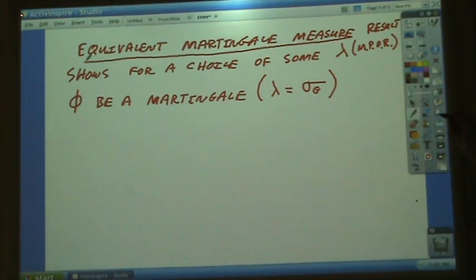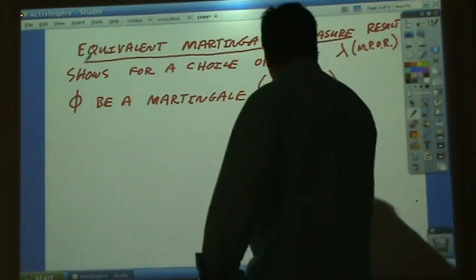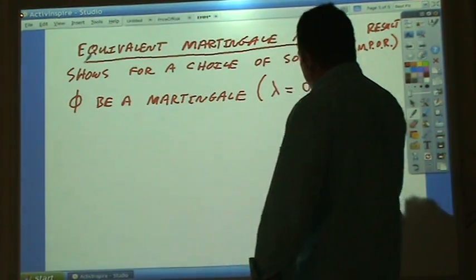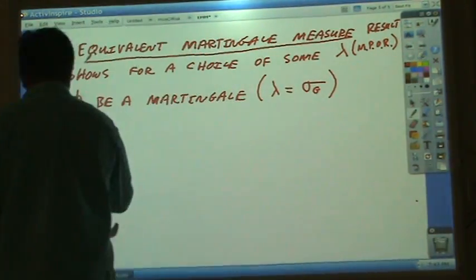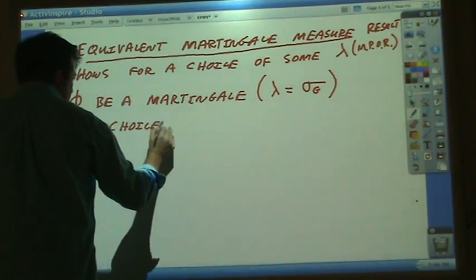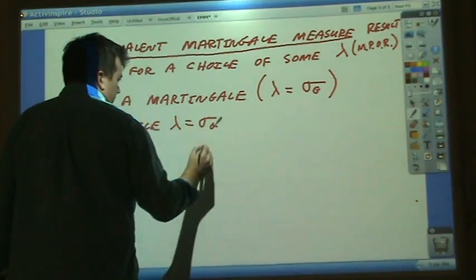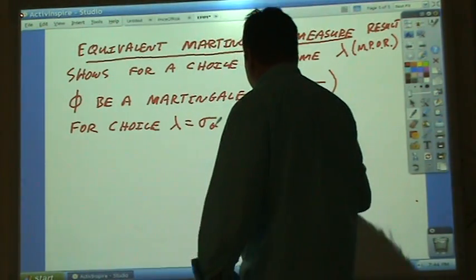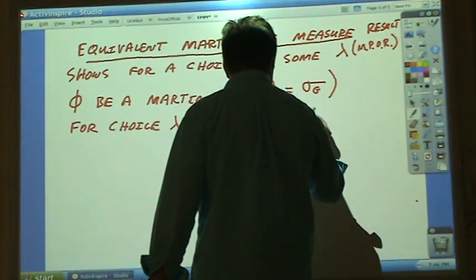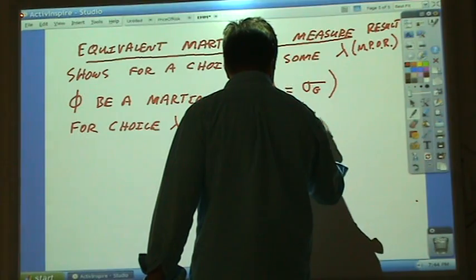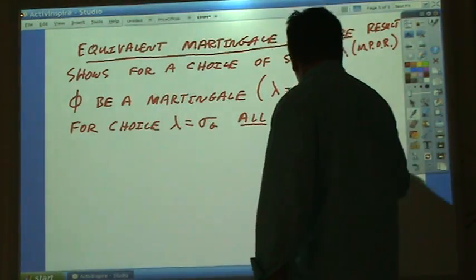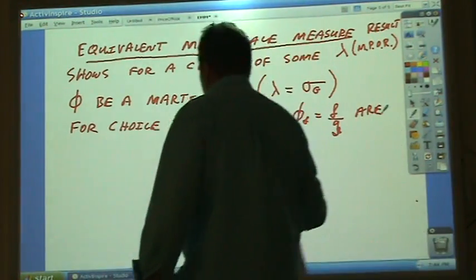We can choose any lambda, but if we chose this one, lambda equals sigma g, then all f divided by g are martingales.